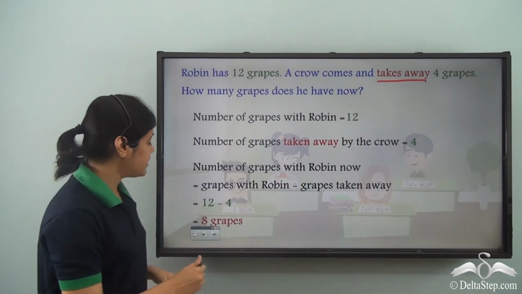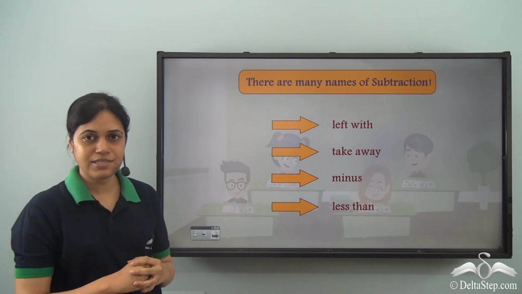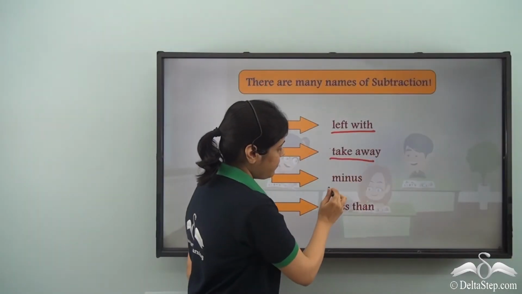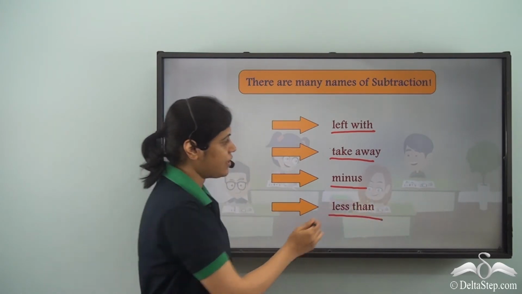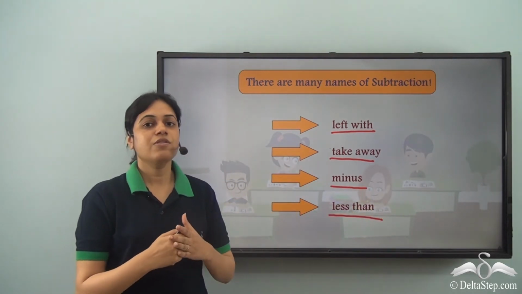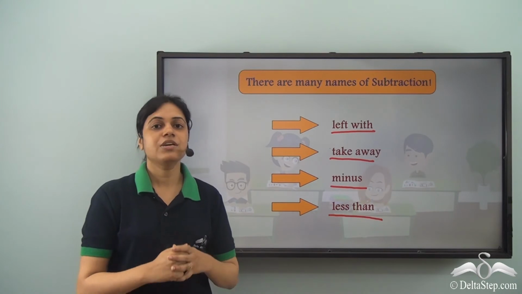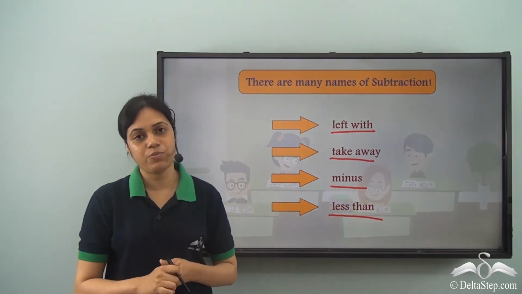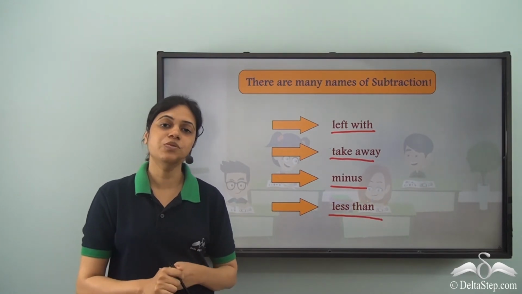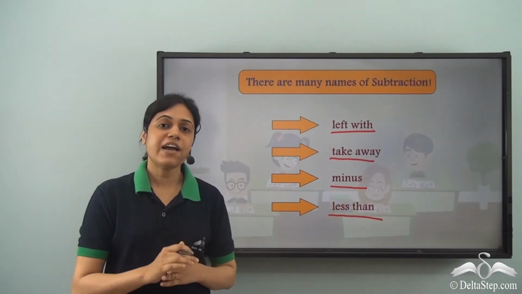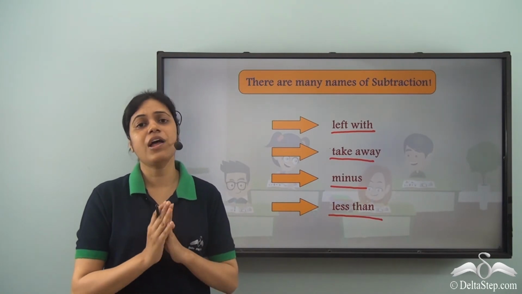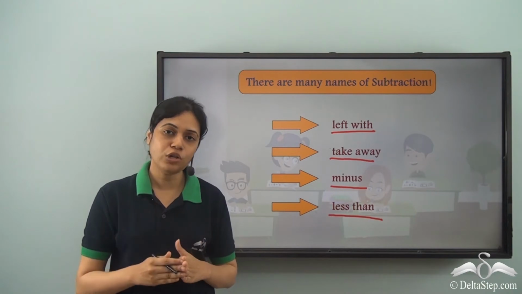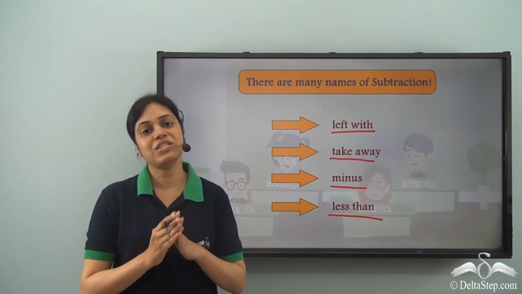In fact, there are several words like this, like left with, take away, minus, less than. All these words indicate subtraction. So whenever you see these words in a word problem, it means that you need to subtract. In fact, not just these, there are several other words which also mean taking away. And in all those cases, you need to subtract.